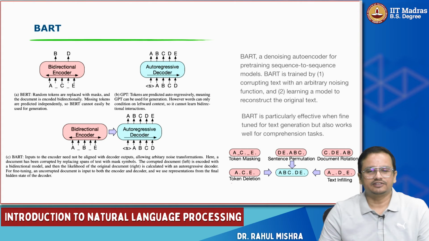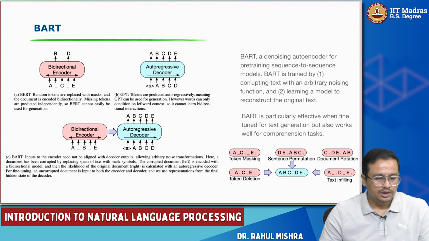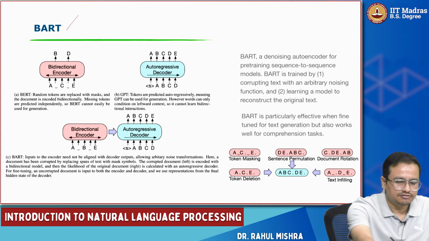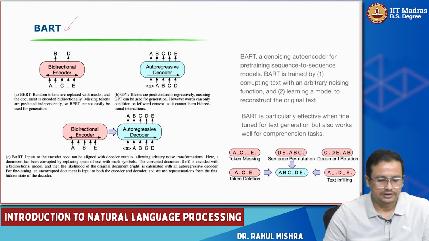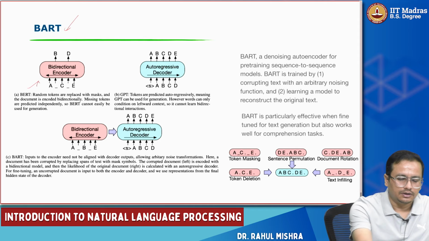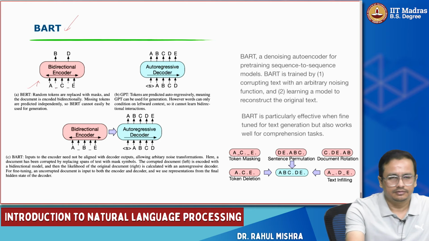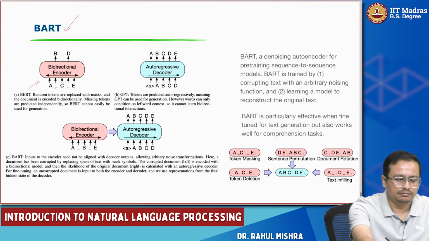After maybe a year or so, this model came into the picture, BART. The difference between BERT and BART is, you can see in BERT we mask some of the words, exactly 15% of the words, and BERT needs to predict what that word is.